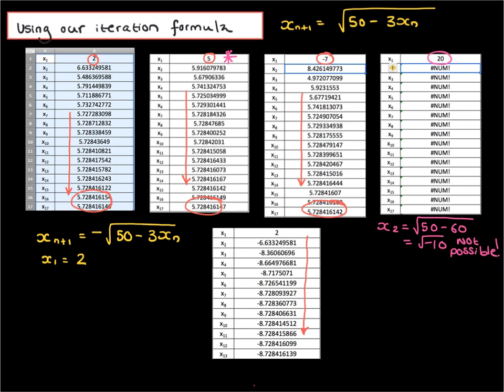So if an equation has more than one root, for instance quadratic equations will have up to 2 roots, you may need to use different iteration formulae to find different roots, and you may need to choose your starting value, your x1 value, very carefully in order to ensure that your sequence converges to your root.